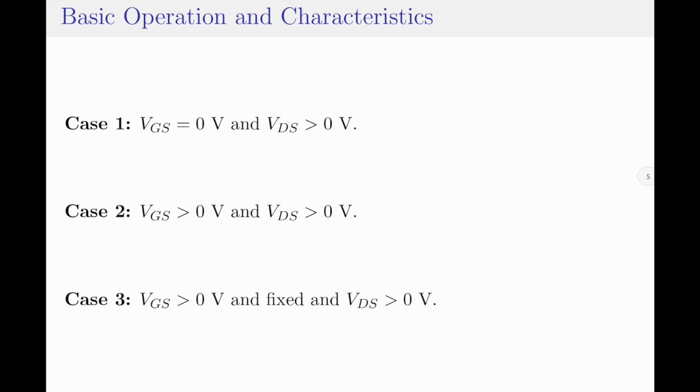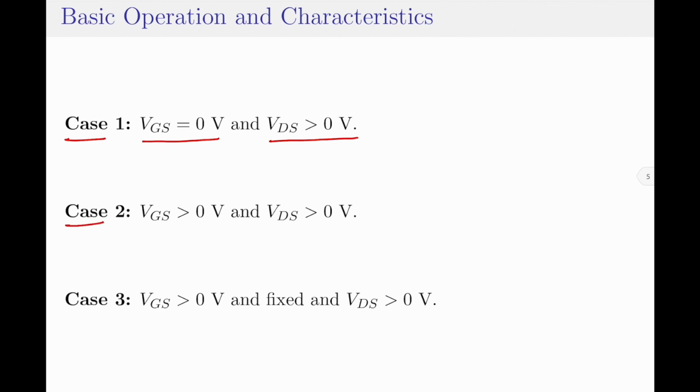To understand the operation of the N-channel enhancement type MOSFET, let us analyze the behavior of the device in three different conditions. Case 1 is the scenario where the gate to source voltage is 0 volt, but the drain to source voltage is a positive value, that is, it is greater than 0 volt.